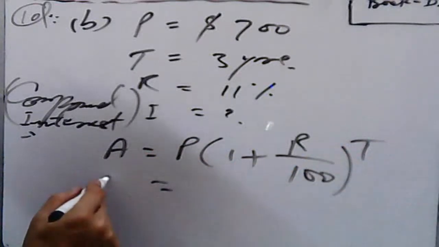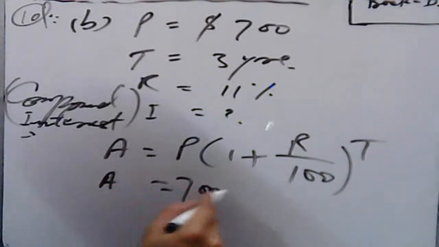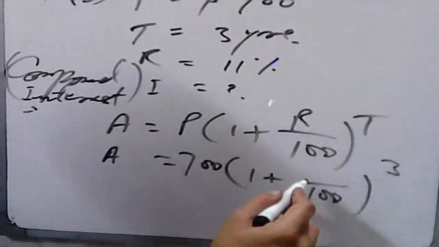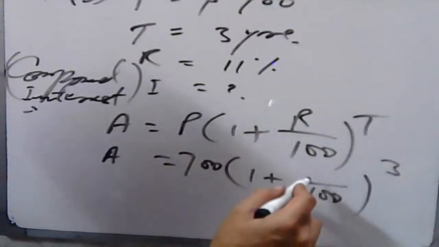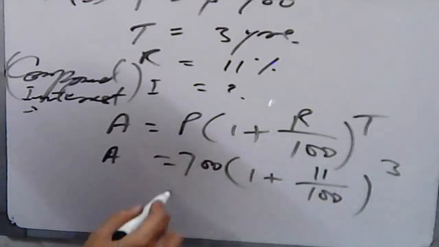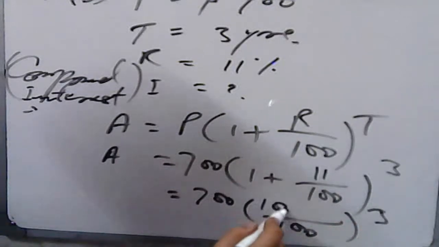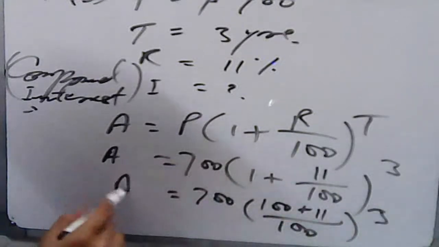By the same methodology, taking LCM, simplify it, your amount will be equal to 957.34.